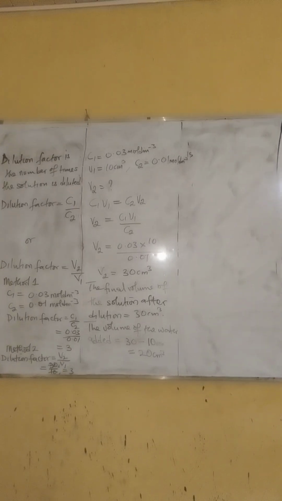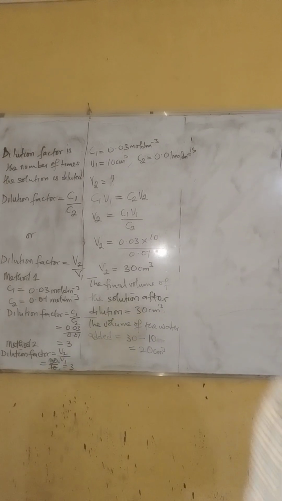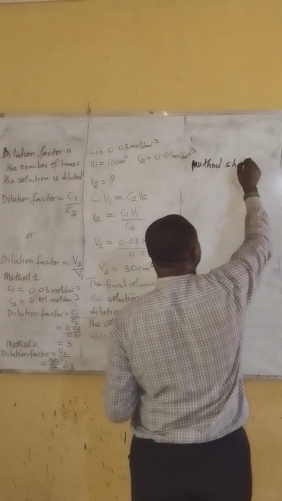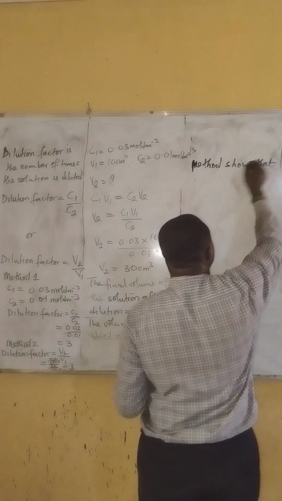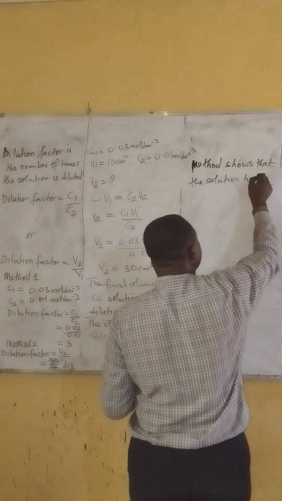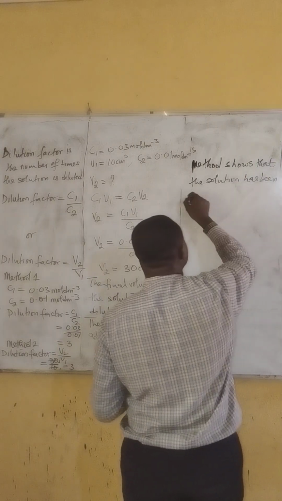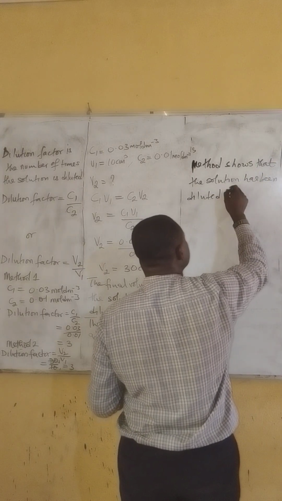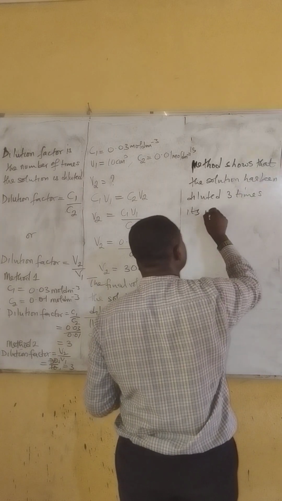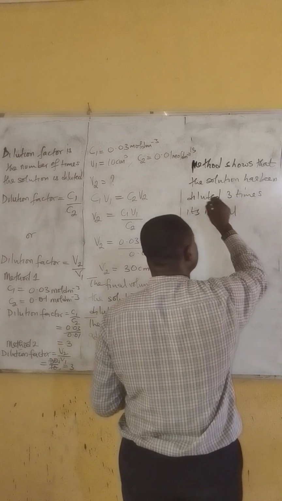Now, method 1 shows that the solution has been diluted 3 times its initial concentration.